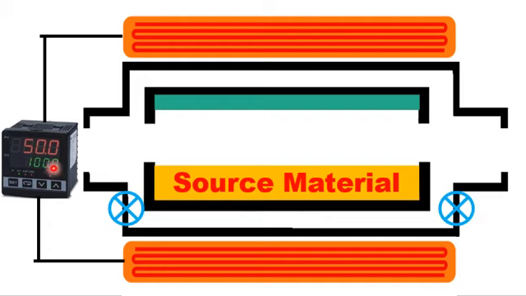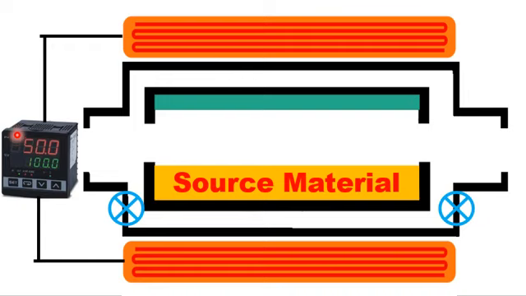Basically, the temperature controller increases the temperature step by step. Let's say we want to raise the temperature of the heaters up to 800 degrees centigrade, we can adjust the temperature controller so that you increase the temperature from room temperature by 10 degrees centigrade in 1 minute.